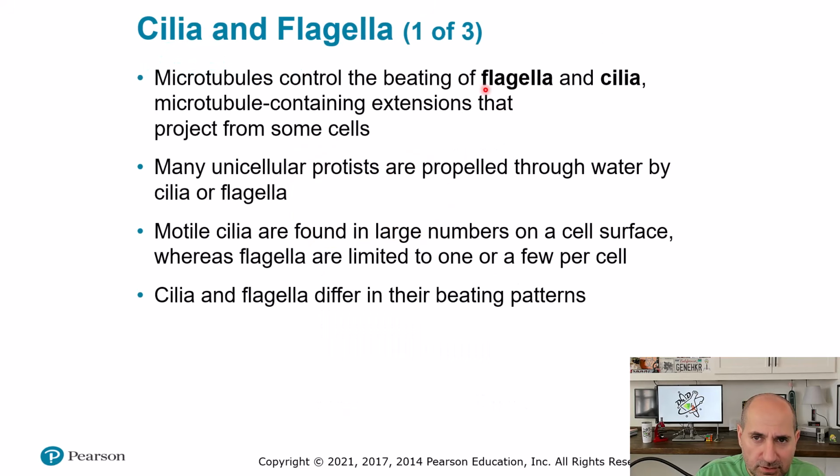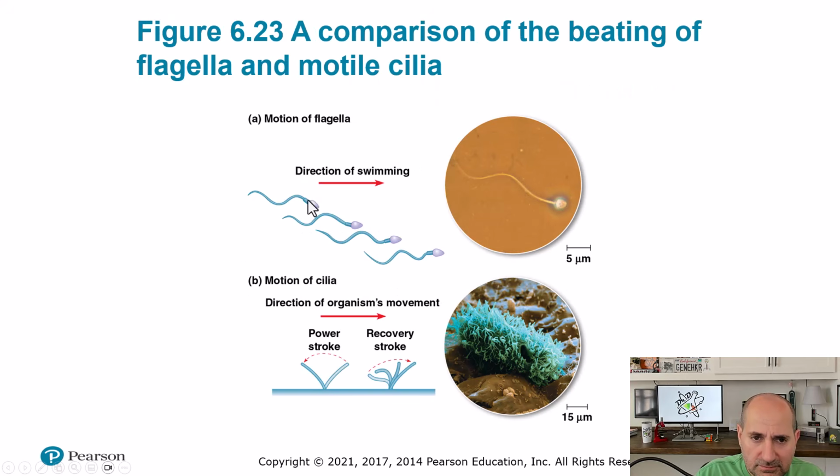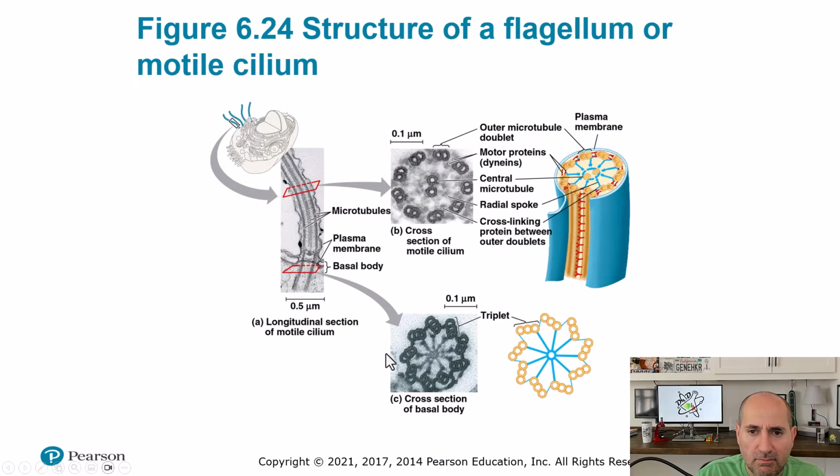You should know that microtubules are responsible for, or at least necessary for, the flagella and the cilia to function. Flagella work by beating back and forth, whereas cilia work with a power stroke.